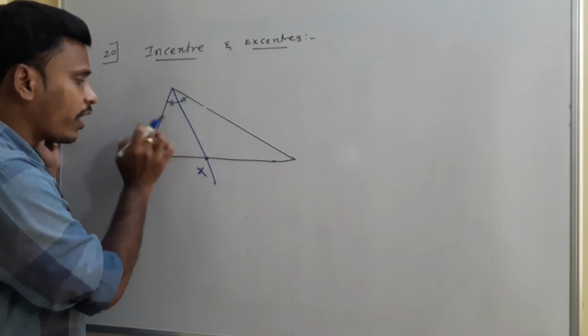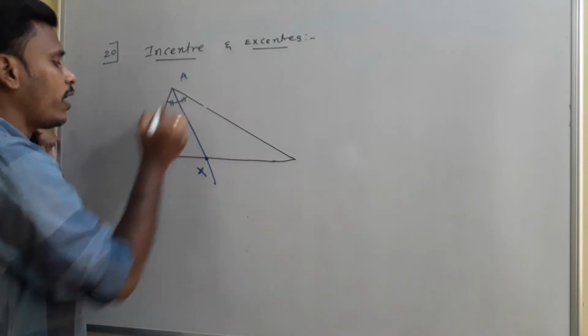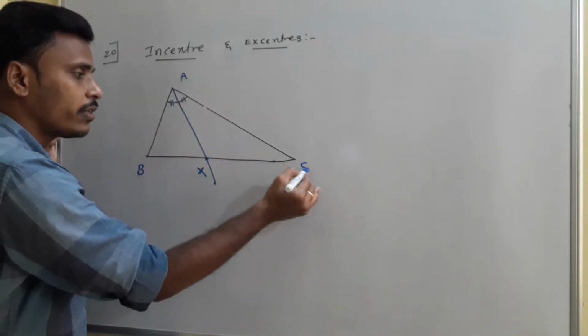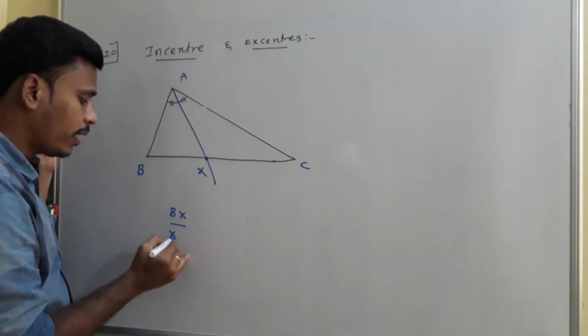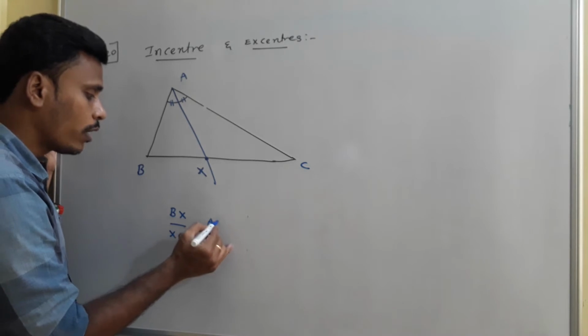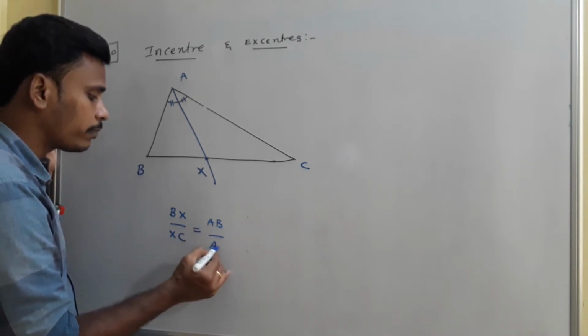Okay, this side in the ratio of the other two sides. If you say the triangle is ABC, then it is very clear that BX by XC is equal to AB by AC.